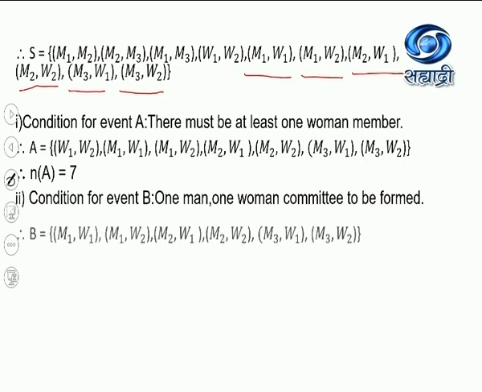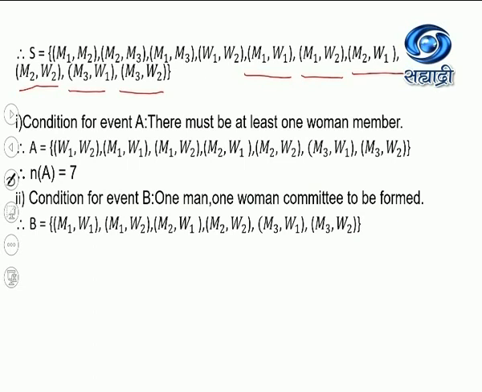So now let me write this in set B: M1W1, M1W2, M2W1, M2W2, M3W1, M3W2. How many elements are here? There are 6 elements. Therefore, n of B equals 6.